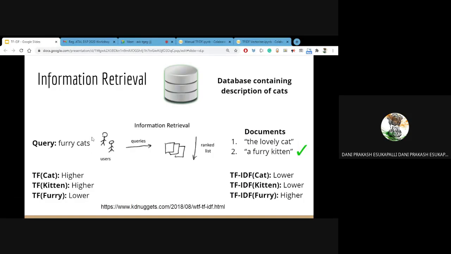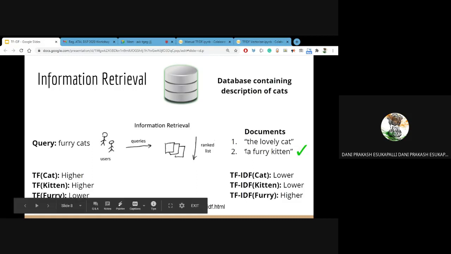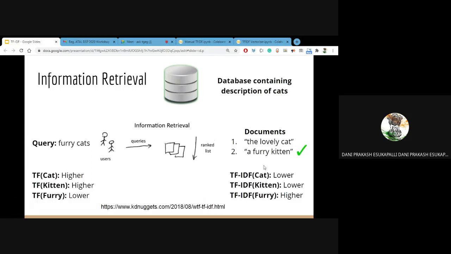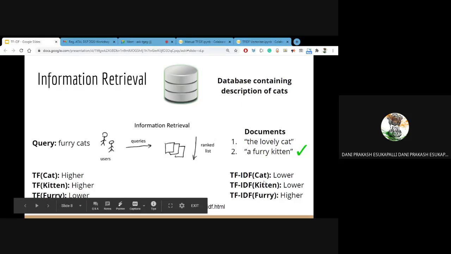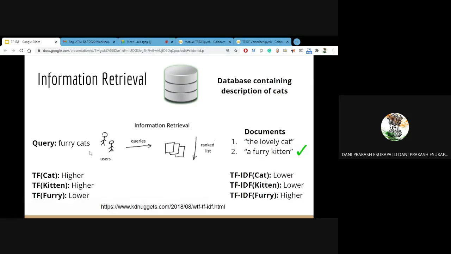Generally, with word matching, we can have this query mapped to the first document and give that as a result. But if we do the TF-IDF of cat here, it should be lower, because cat is not that important here.